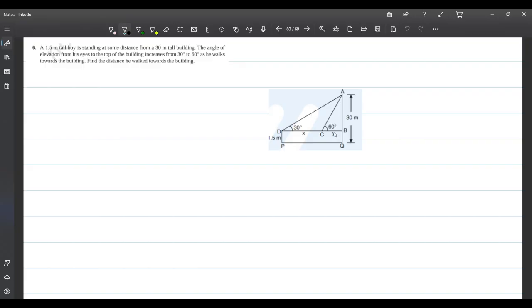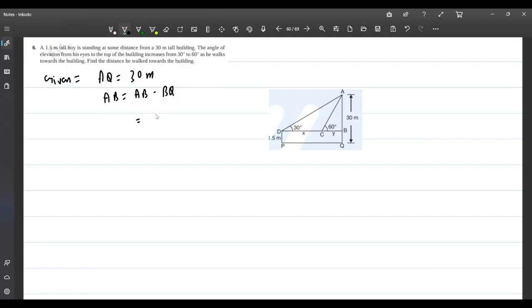When that boy walked towards the building, the angle increased to 60 degree at C. So what we have given, AQ is equal to 30 meter, and AB is equal to AQ minus PQ.